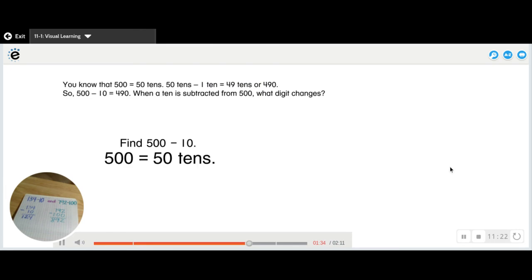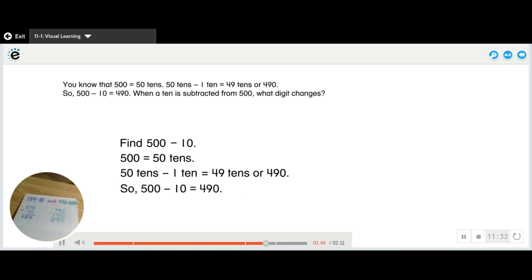You know that 500 equals 50 tens. 50 tens minus 1 ten equals 49 tens, or 490. So 500 minus 10 equals 490. When a 10 is subtracted from 500, what digit changes? Okay, so when a 10 is subtracted from 500, what digit changes? Does the 5 change?